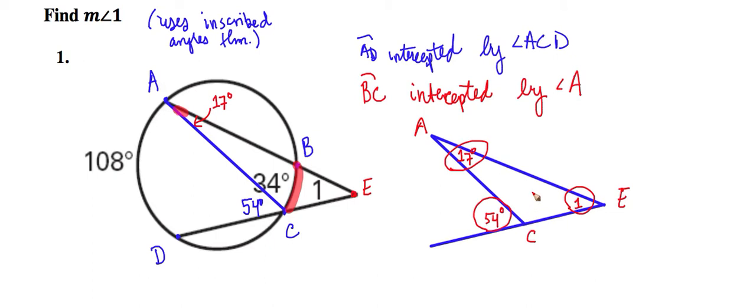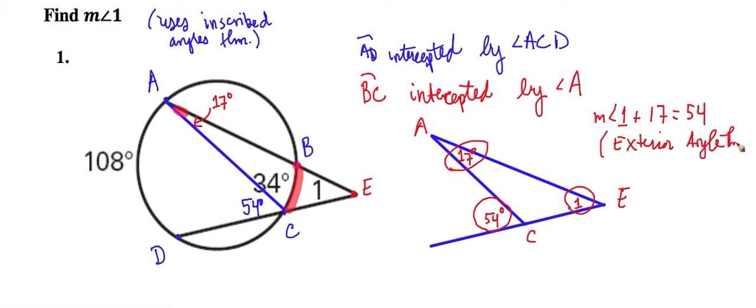But let's solve it the short way first. Okay, so we know that the measure of angle 1 plus 17 must be equal to 54. And this is the exterior angle theorem of a triangle. Therefore, the measure of angle 1 must be equal to 54 minus 17, so that is 37 degrees.